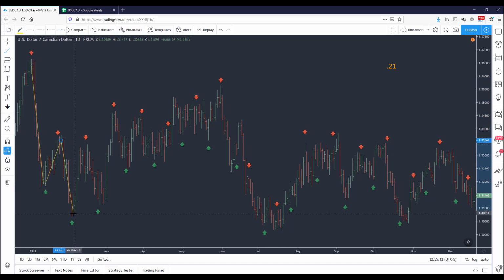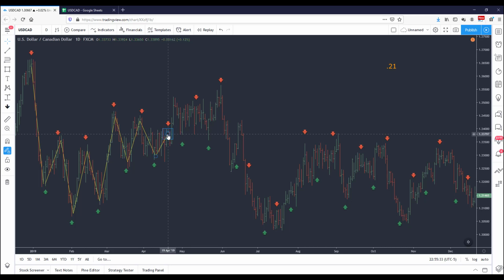Beautiful, beautiful, beautiful. We've got our first inversion. And for the sake of our exercise, we're going to assume we did trade this, but we lost.